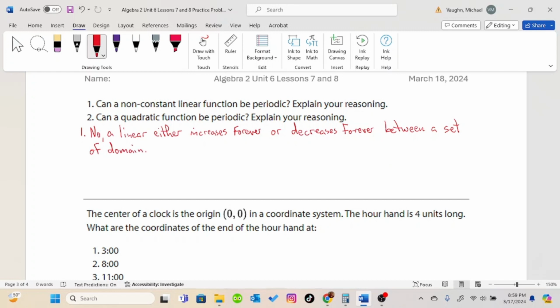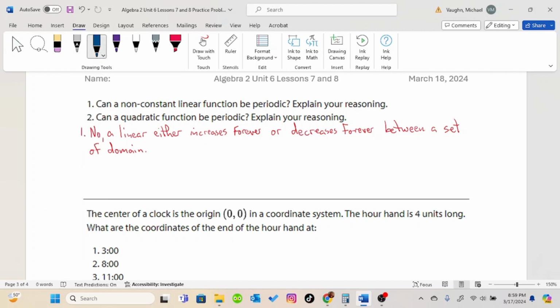It could never increase and decrease and increase and decrease to form a periodic function. In a certain set of domain, it is only increasing or decreasing.